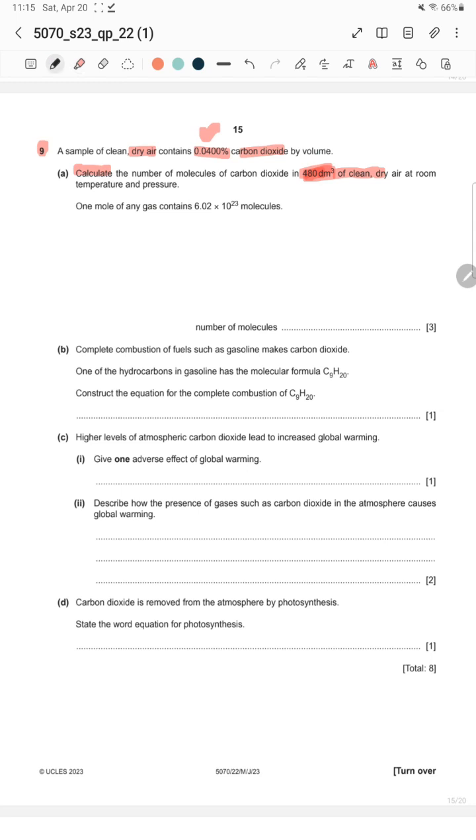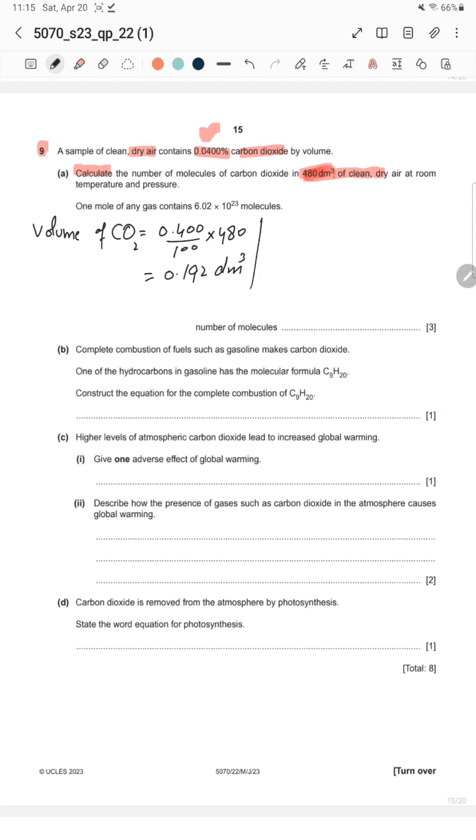So for that, how will you find out the volume of CO2? Simply multiply 0.400, find out the percentage of this in 480 dm cube. So you will have the answer, that will be 0.192 dm cube.